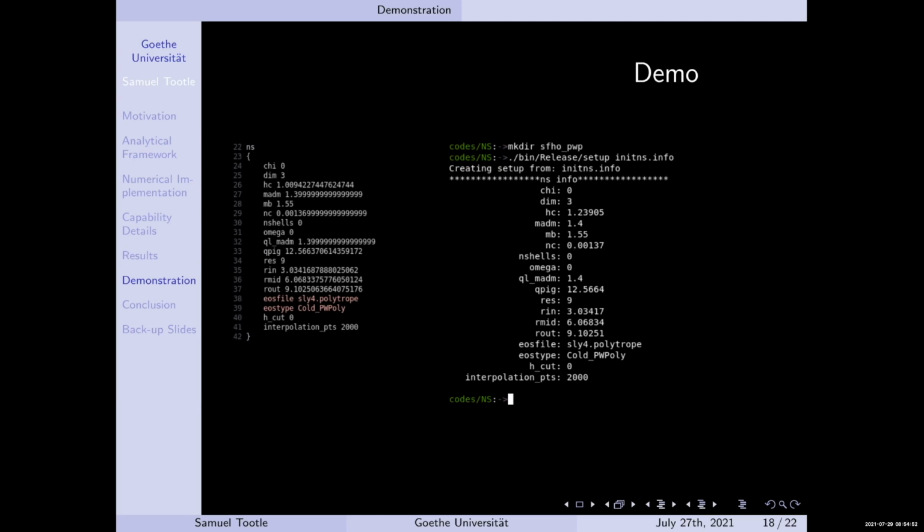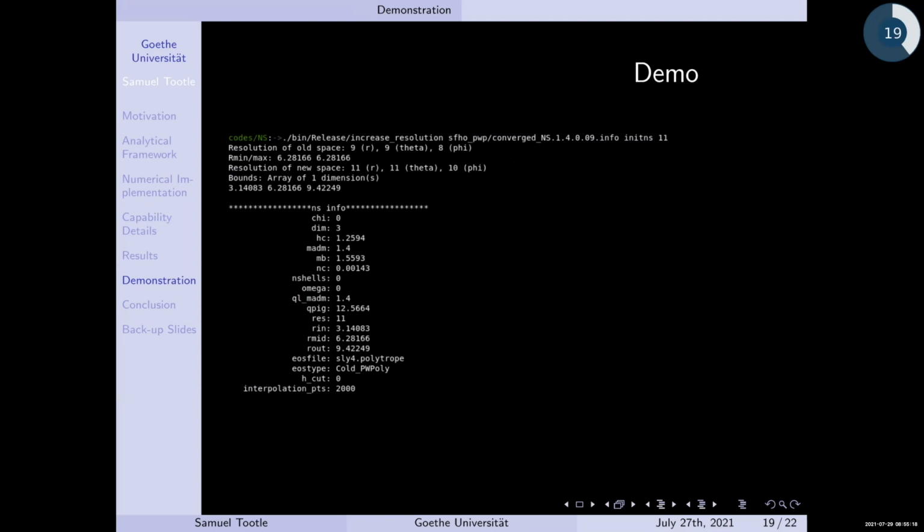Okay, yeah. So we changed these two, and we actually feed this back into the setup routine, and this generates an ideal setup for this equation of state, based on the ADM mass that was supplied, and then you can just rerun the solve routine from there.